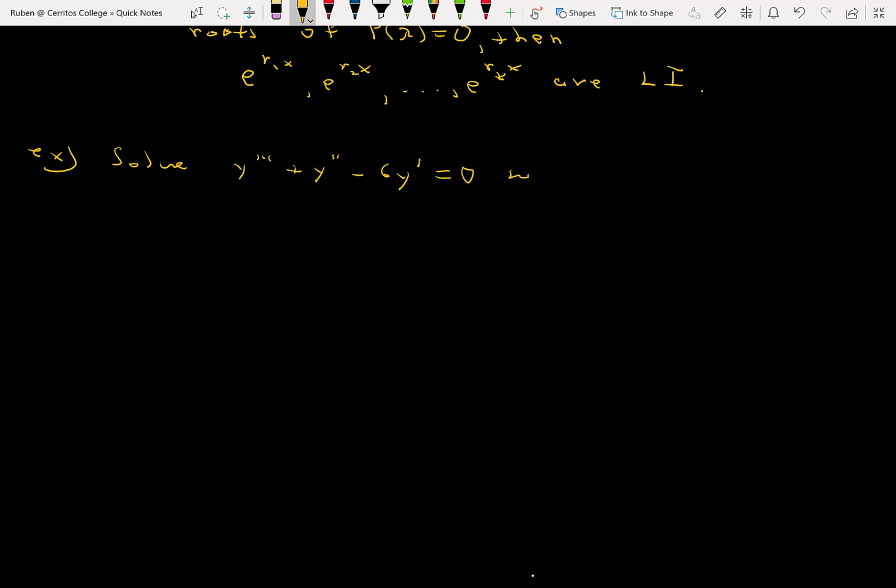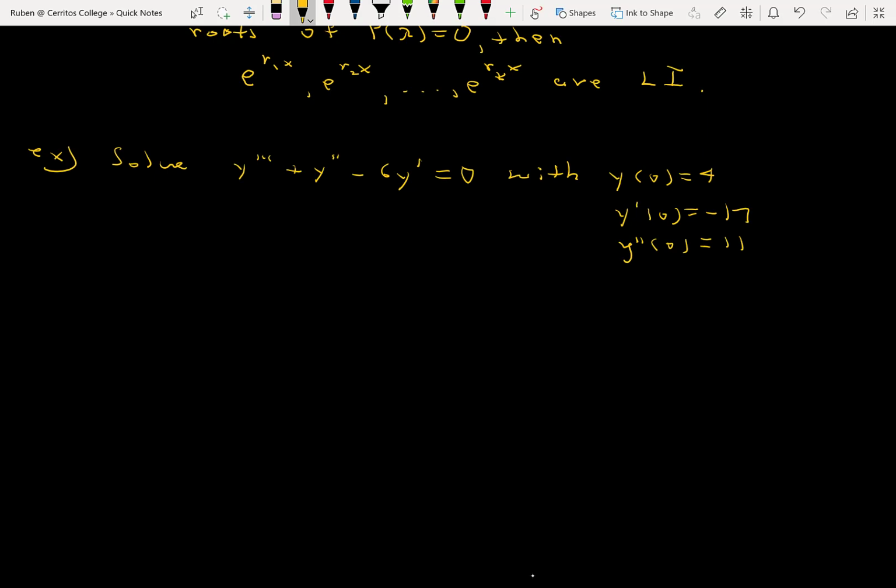So let's solve this with initial conditions y of 0 equals 4, y prime of 0 equals negative 17, and y double prime at 0 equals 11. Not only do we need to solve the differential equation, we need to find the constants that correspond to our three initial conditions.